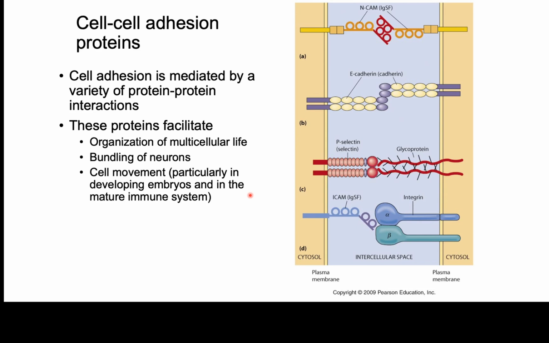Without these cadherin proteins that mediate cell interactions, there's just no organization. This is not going to develop into a healthy embryo. So extremely important for development of multicellular organisms.